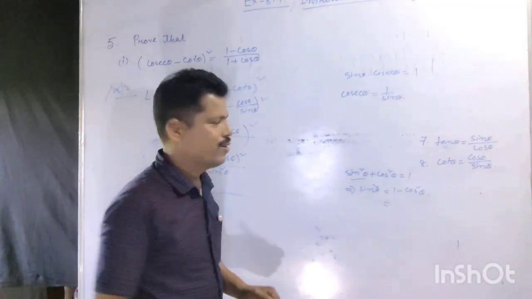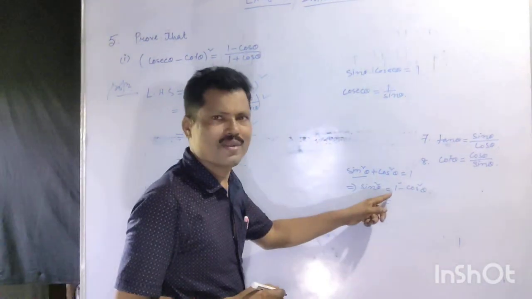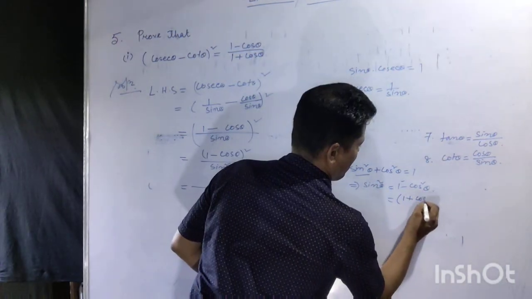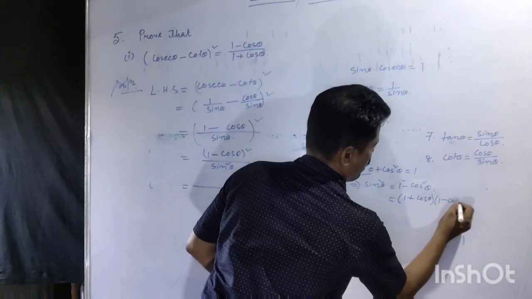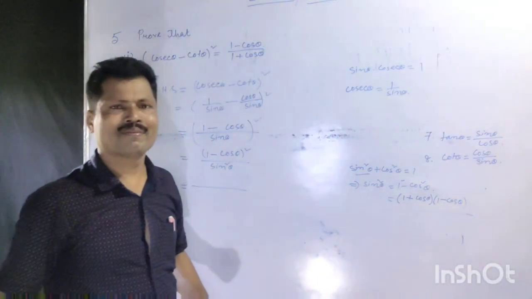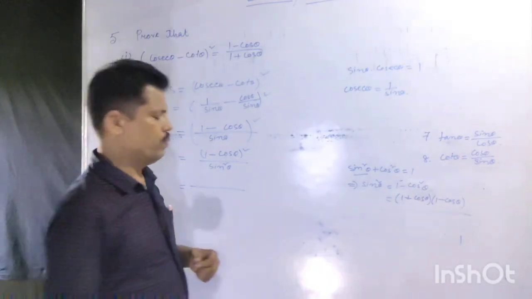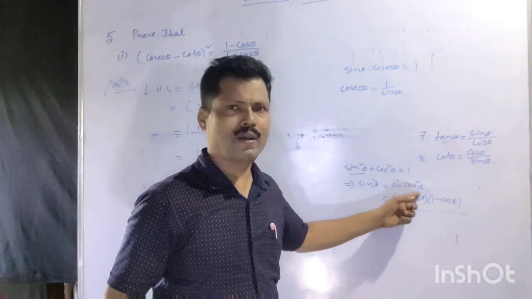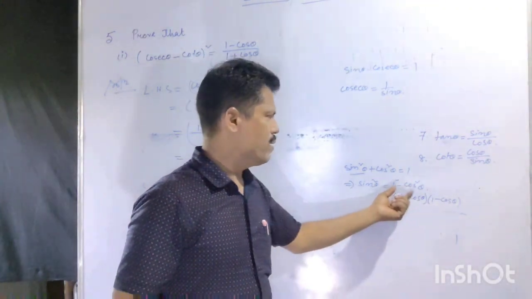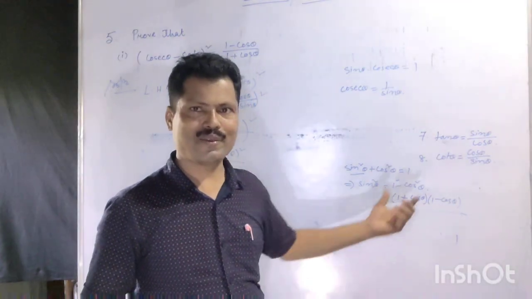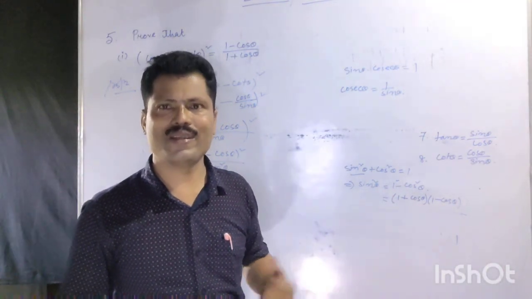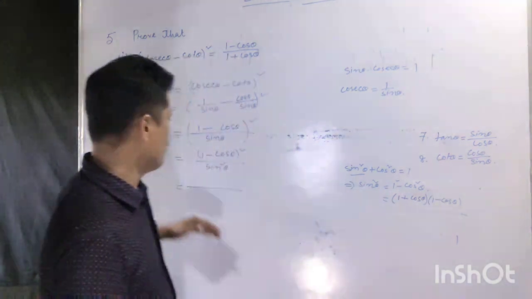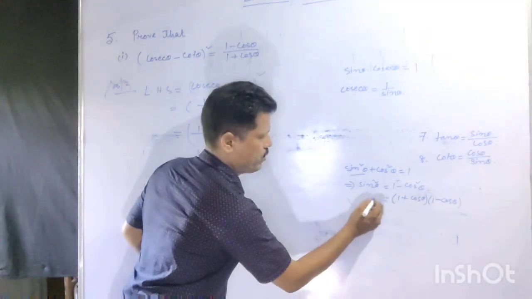So 1 square minus cos square theta, that means (1 plus cos theta) into (1 minus cos theta). We can write like this in place of sin square theta, applying the a square minus b square identity.